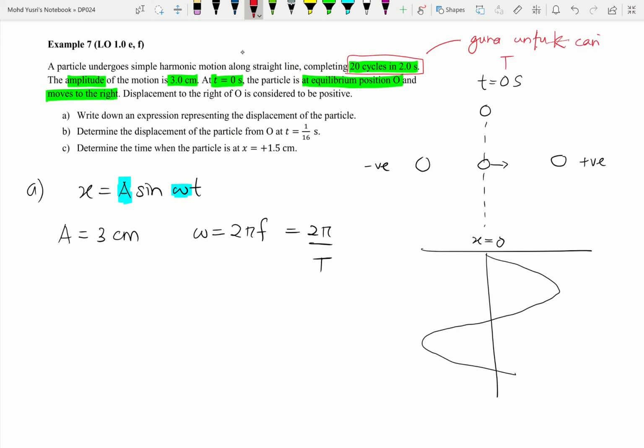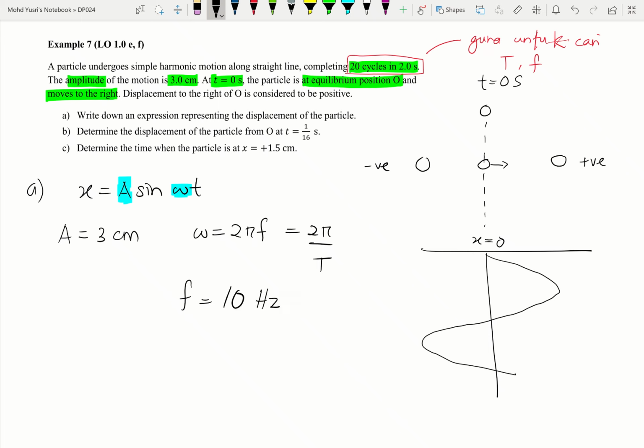Okay, so guna untuk cari period ataupun frekuensi. Okay, so 20 cycle in 2 second. Now, frequency is defined as number of cycle in 1 second. So, if the particle oscillate 20 cycle in 2 second, the particle oscillate 10 cycle in 1 second.